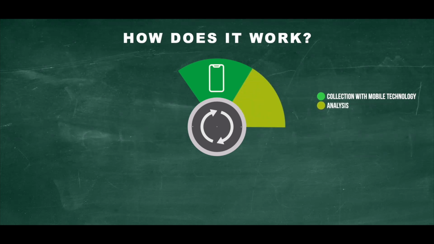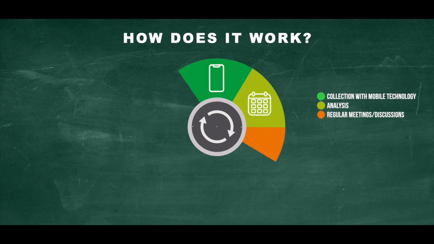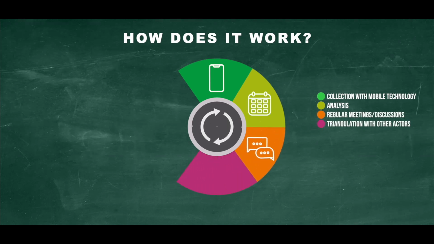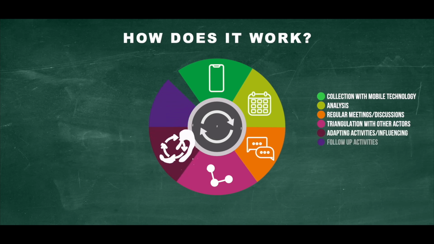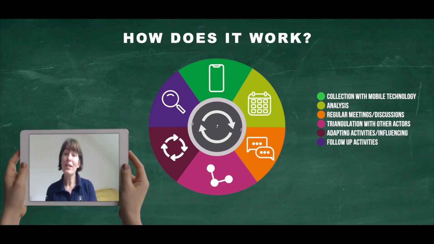Uploading into a system that will help us analyze the data. After the analysis, it is about how to translate this analysis and interpretation of the data into action. So how are we going to use this data to adjust our programming or to advocate on behalf of the community? It's thematic and ongoing, and it's alongside the projects.